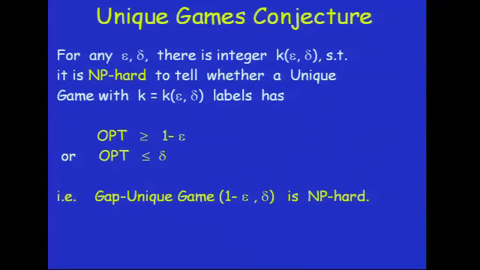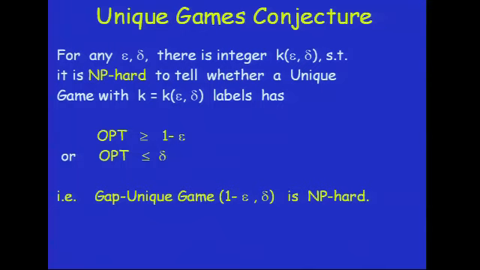Given any epsilon and delta, there is a large enough integer k such that it's NP-hard to distinguish whether a unique game with k labels has optimum at least 1 minus epsilon, or the optimum is at most delta. To rephrase, if I give you an instance and tell you that there is a labeling which satisfies a 1 minus epsilon fraction of the constraints, meaning almost all constraints, it's NP-hard to find a labeling which satisfies even a tiny delta fraction of the constraints. So that's the conjecture.